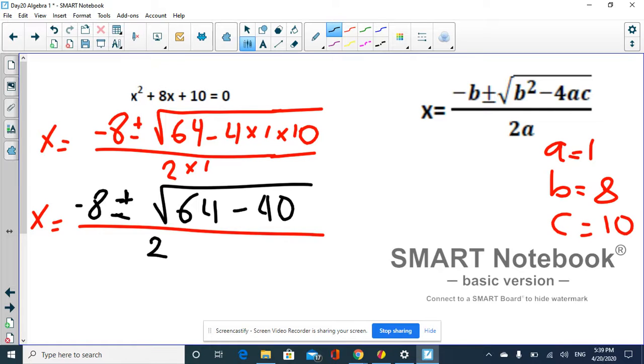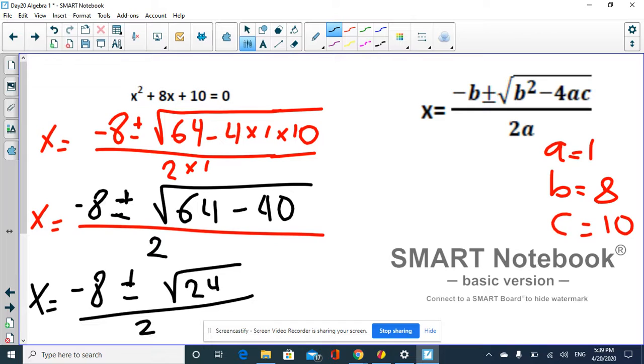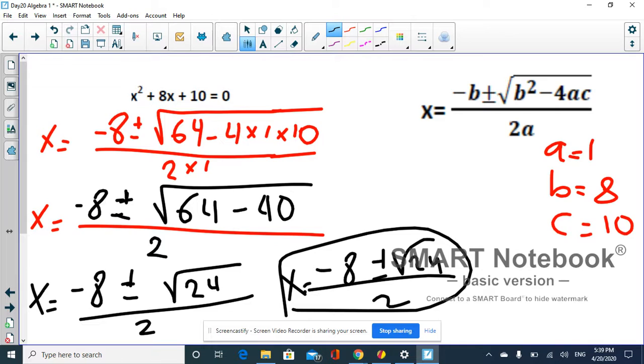X equals negative 8 plus or minus the square root of 64 minus 40, which is 24, over 2. So there are two solutions. We have negative 8 plus or minus the square root of 24 over 2. One of them positive and one negative. This is the solution. The first one is negative 8 plus the square root of 24 over 2. The second is negative 8 minus the square root of 24 over 2.